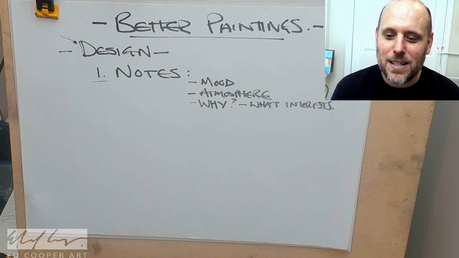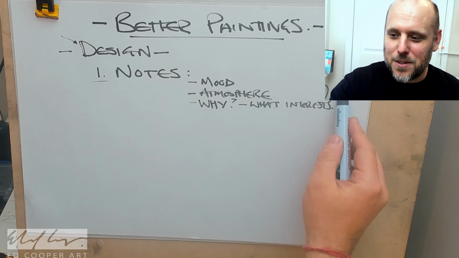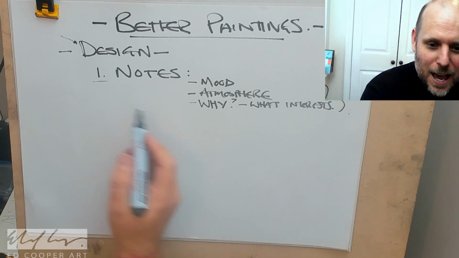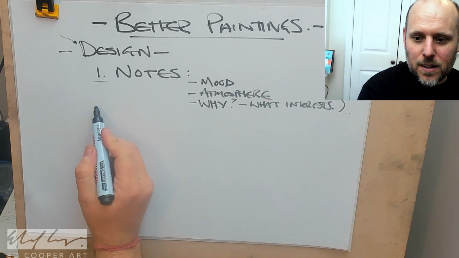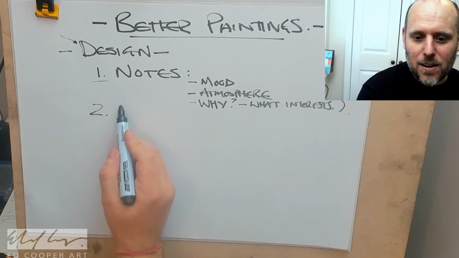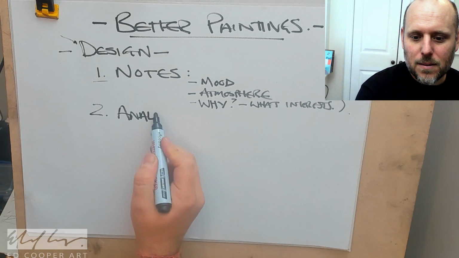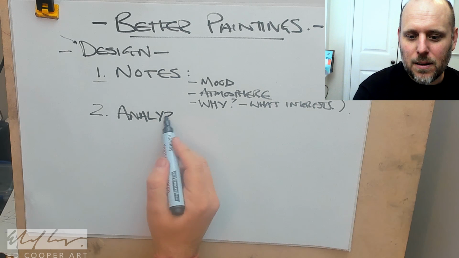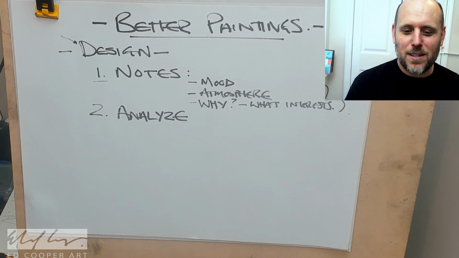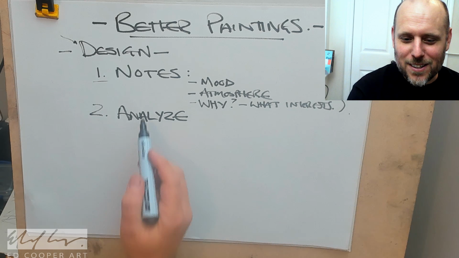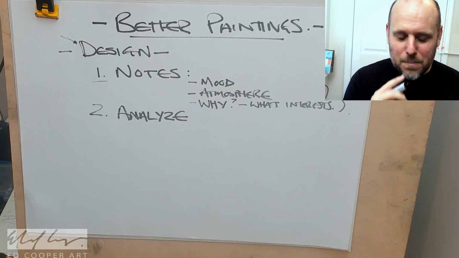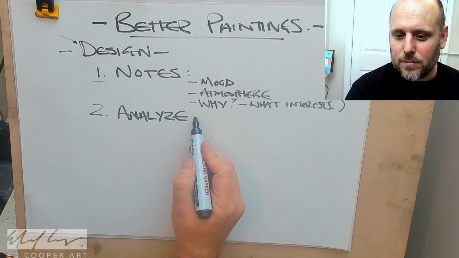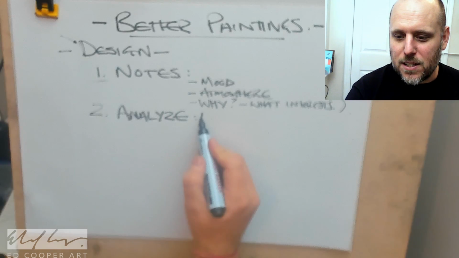So you make some notes, okay, and then you go through a process of analyze. I don't know if that's an American spelling. Analyze. Okay, so there are several things you're looking at there. You can think in terms of lines.